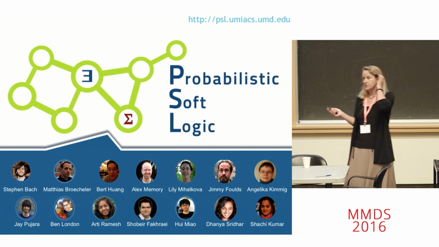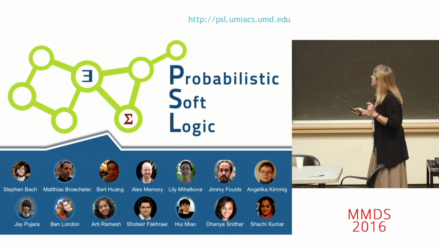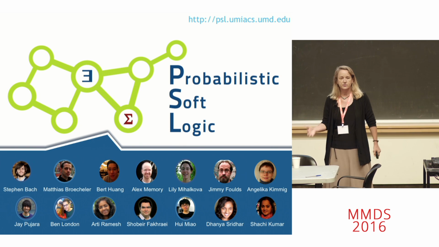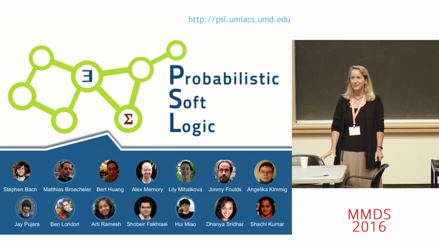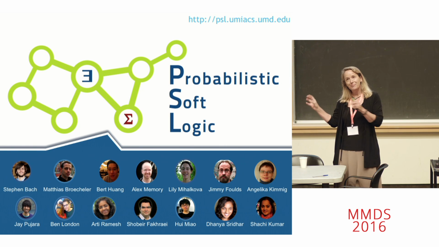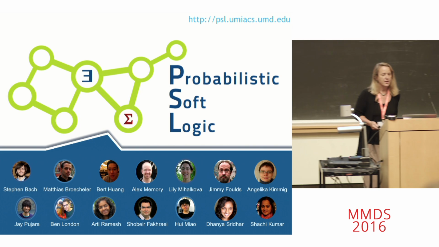He's currently a postdoc at Stanford working with Chris Ré's group. And then Jay Pujara is one of the key students currently working on it. He's a postdoc in my group. He's done a lot of cool work on applying PSL for knowledge graphs, so if that's something you're interested in.